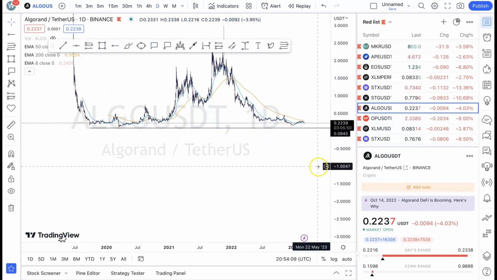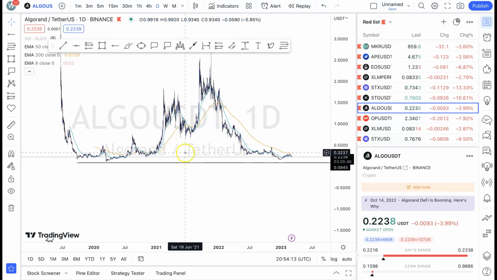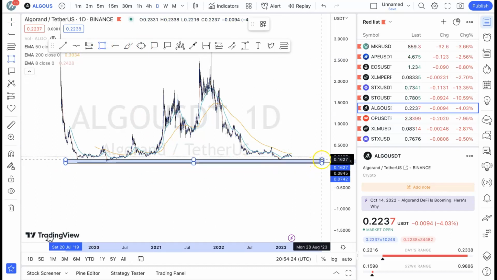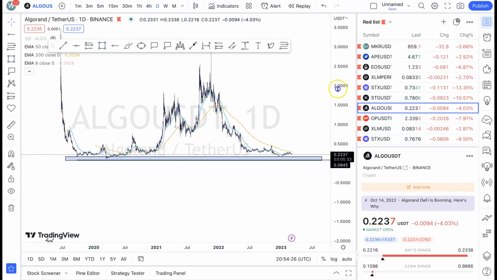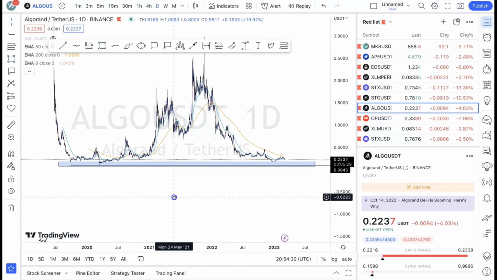It was one of the projects that I really thought would blow up. Interesting project. It's right there at that support floor. Not much price action here, but if you are ever a fan of Algo and you want to make money off Algo, this is the best area to be buying it. It's at the floor.